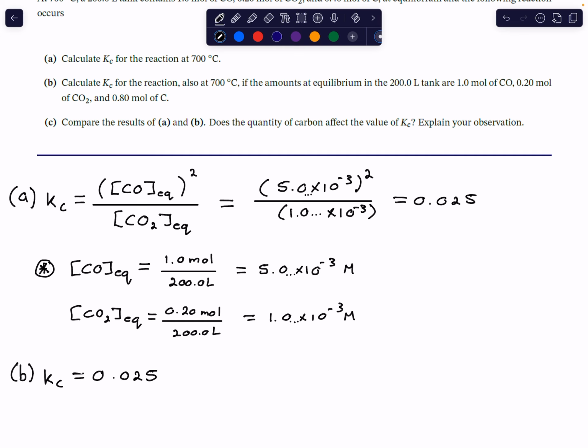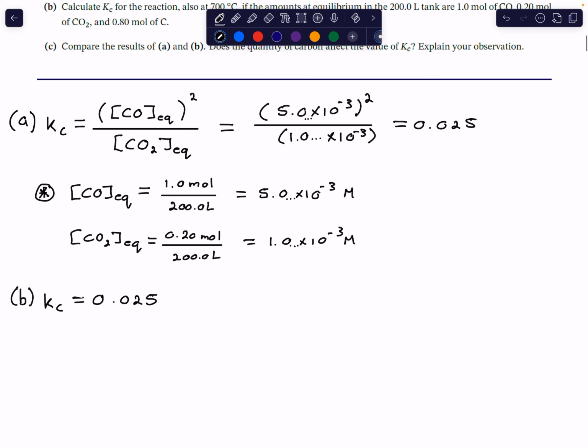That concludes what C also wanted us to do, which is to compare your results of A and B. Does the quantity of carbon affect the value of Kc? No. The only thing that will affect the value of Kc, like I said, is the temperature, because K, the equilibrium constant, is a function of temperature.